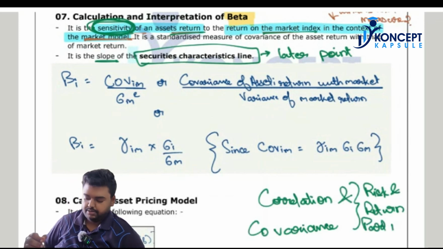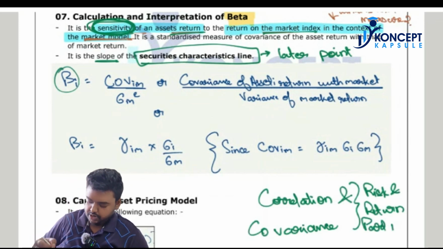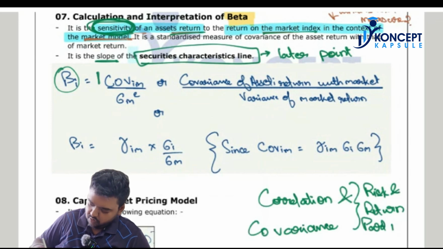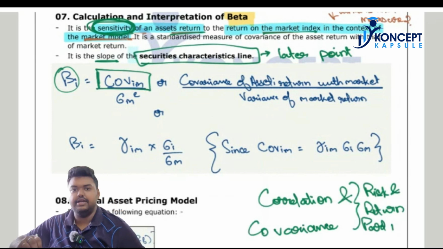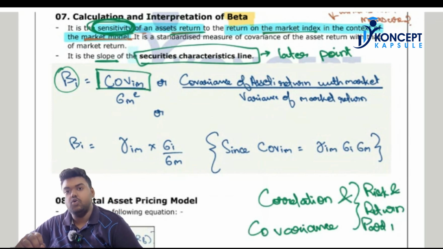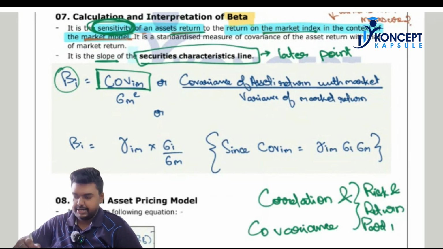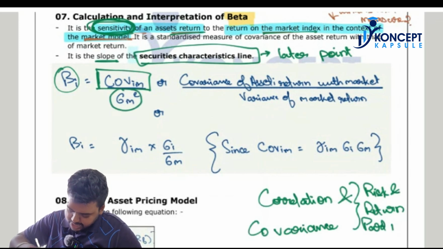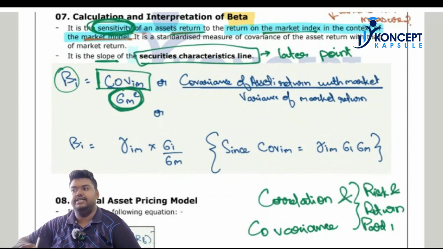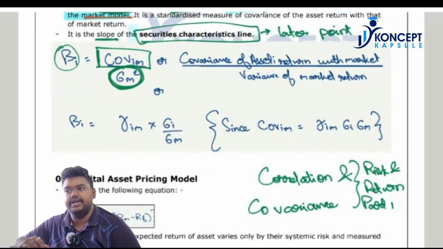So what is beta? Beta of a security is nothing but the covariance of the security with the market, divided by the variance of the market. Guys, what is beta?